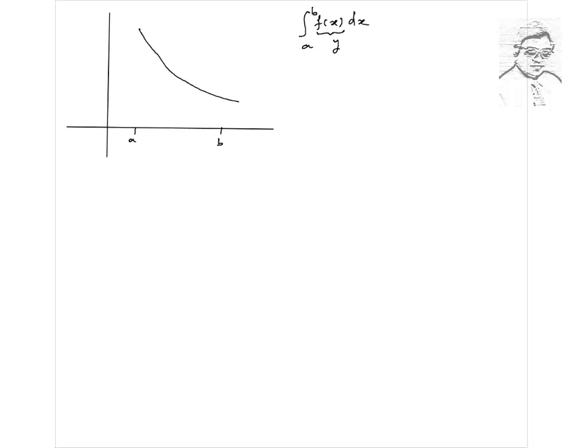For example, in a curve like this, if you find this integral, you are surely going to get a negative answer.